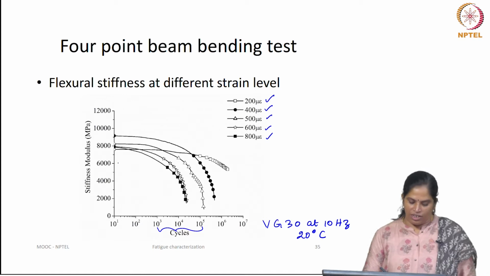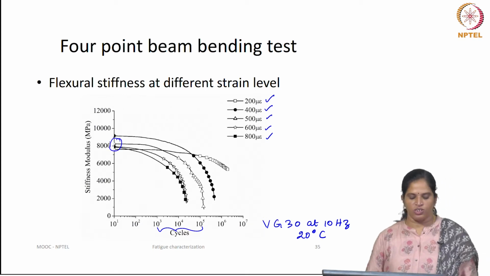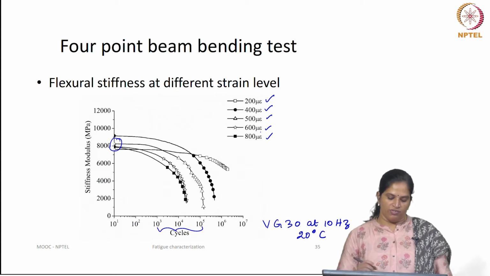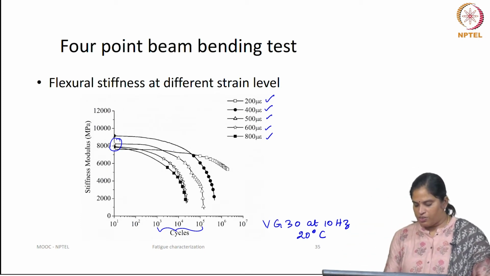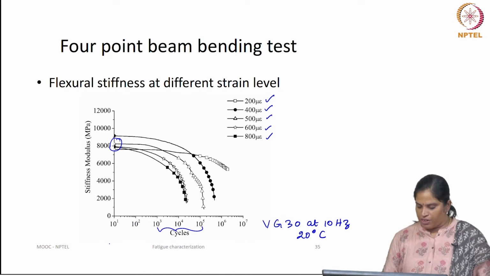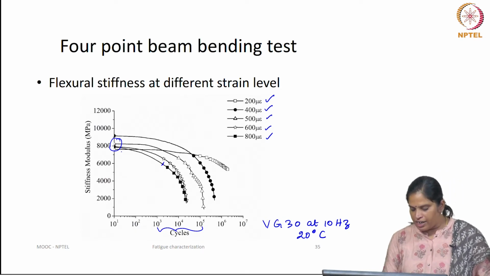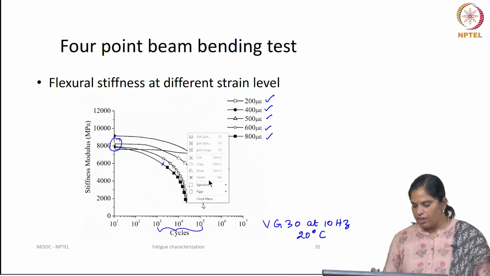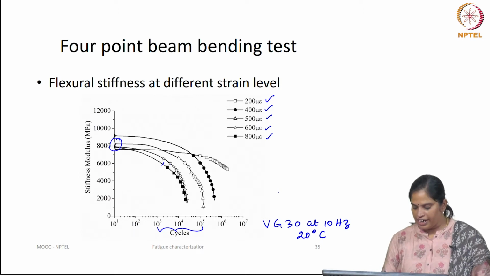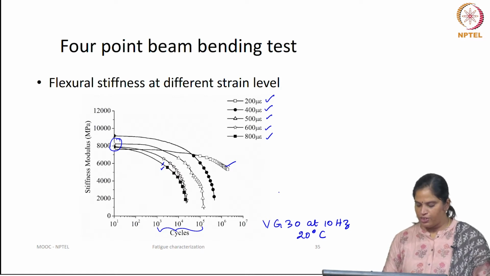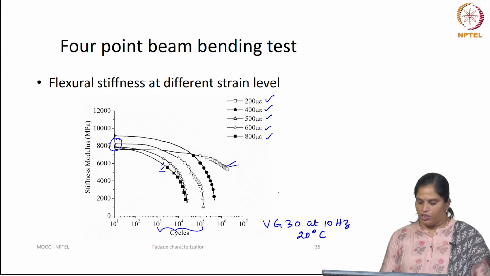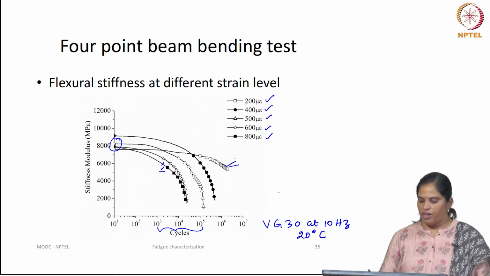Initially there is not much difference in stiffness at different strain levels, but as damage progresses, at the higher strain level, 800 microstrain, the modulus decreased at a faster rate, and the rate was slower at a lower strain level. For example, comparing 800 and 200 microstrain, damage accumulates at a faster rate at 800 microstrain.